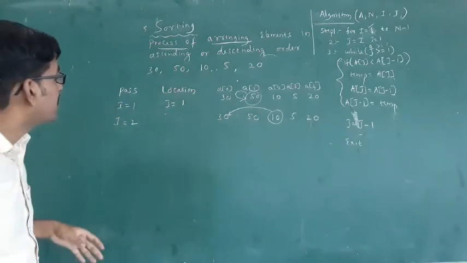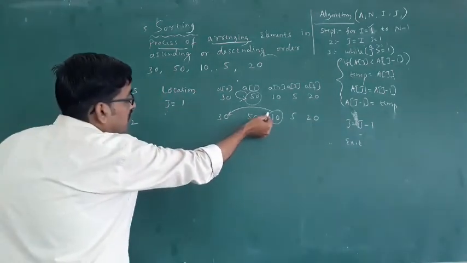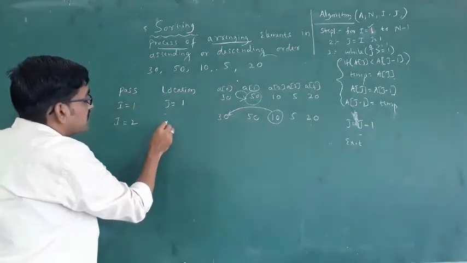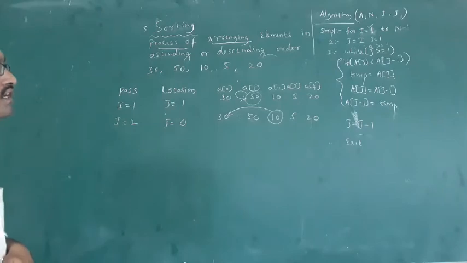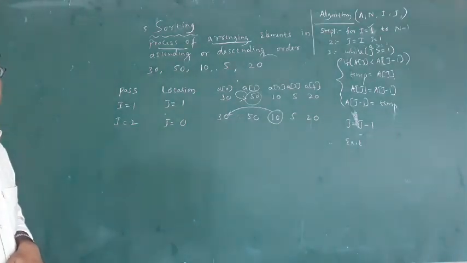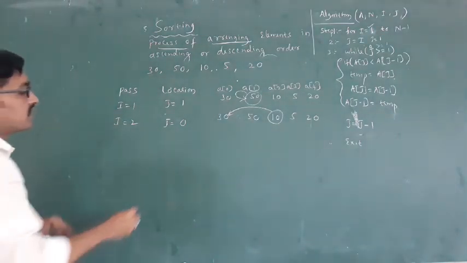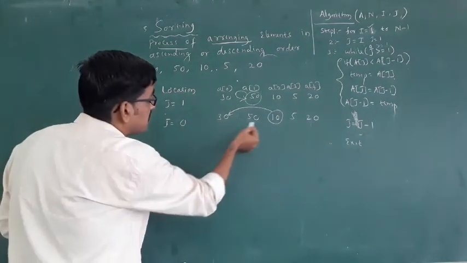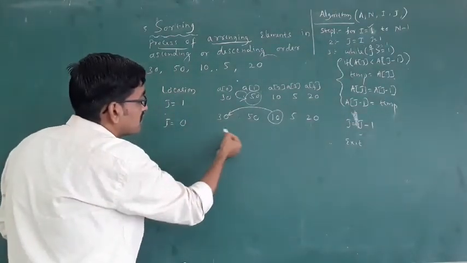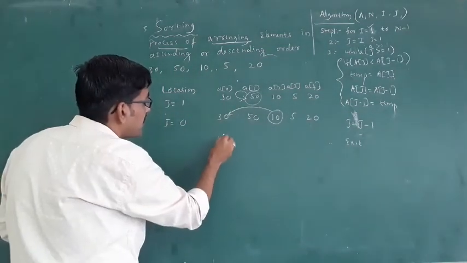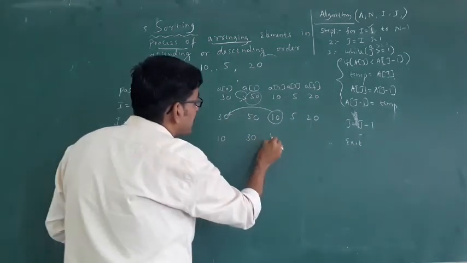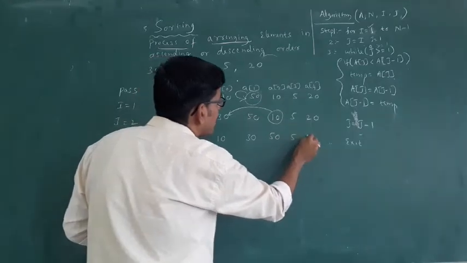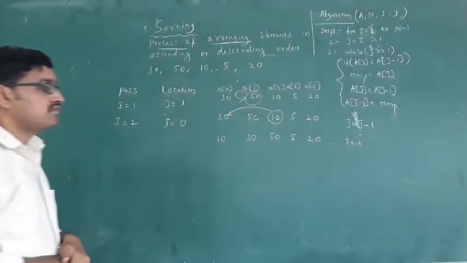Then what you have to write here, in which position you have to sort, just 30, then j equal to 0 position. Okay, in a of 0 position it will be sorted. So 10 comes here, after that 30 will be here, then after that 50, then after that 5, then 20.